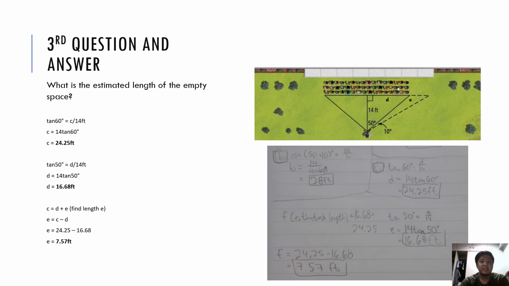In some cases, you can also use the Pythagorean theorem to find the other side, which is C squared equals A squared plus B squared. We just use the hypotenuses solved in the previous problems and the only adjacent, which is 14 feet. It results in the same answer. So either can do, just to make sure that the answers are the same.